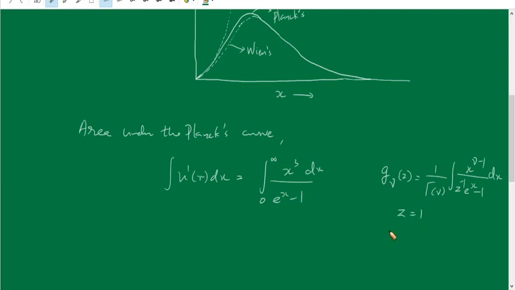So we can write this thing as, with z equal to 1, x cube dx by e raised to x minus 1.